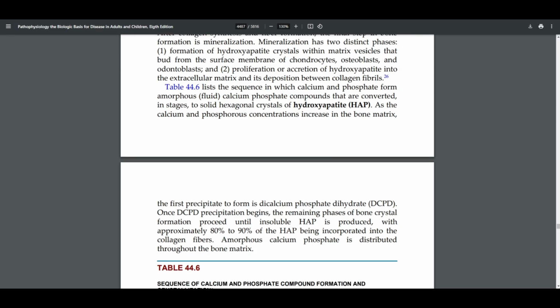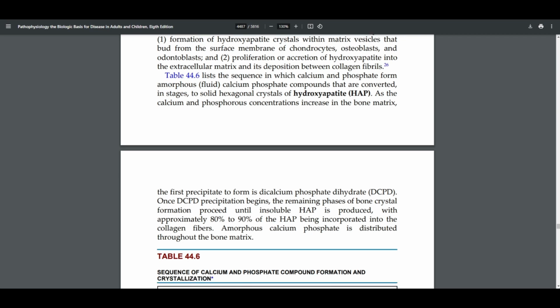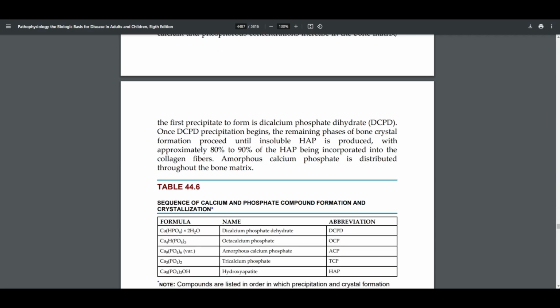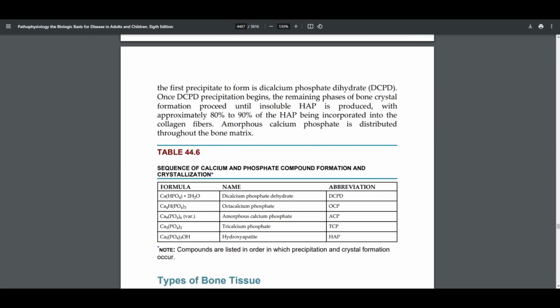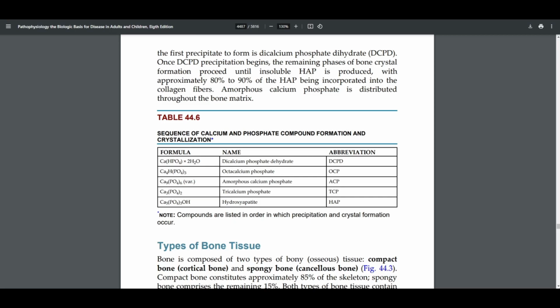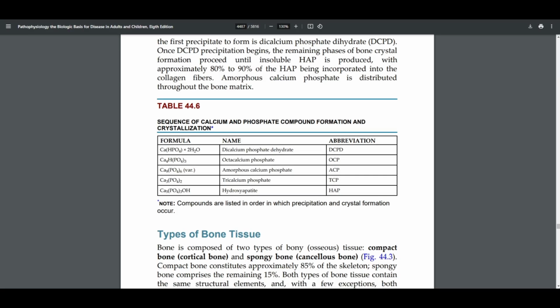Once this precipitation begins, the remaining phases of bone crystal formation proceed until insoluble HAP is produced, with approximately 80 to 90% of that HAP being incorporated into collagen fibers. Amorphous calcium phosphate is distributed throughout the bone matrix.